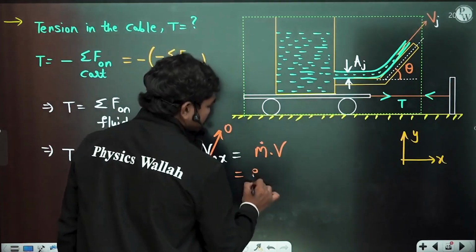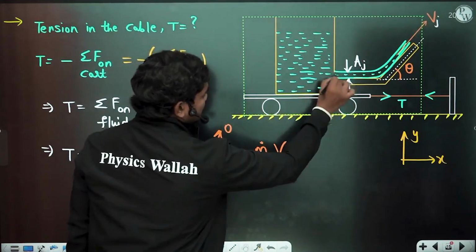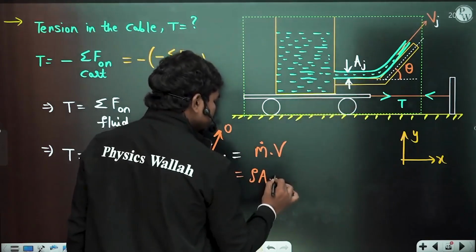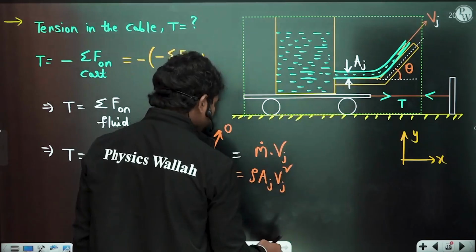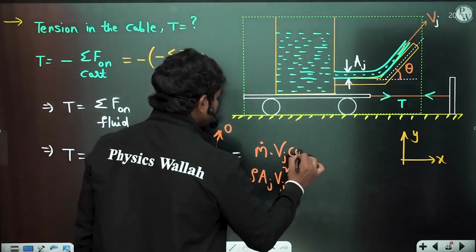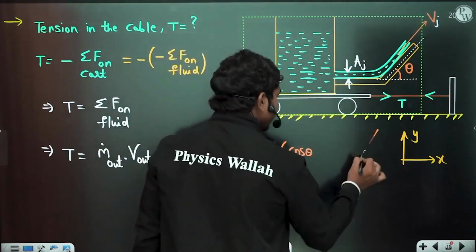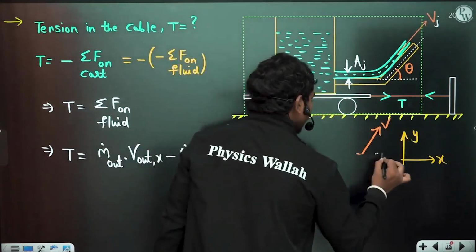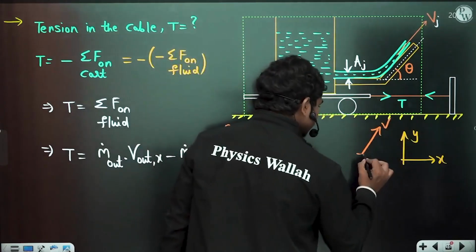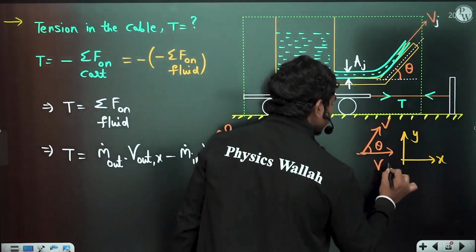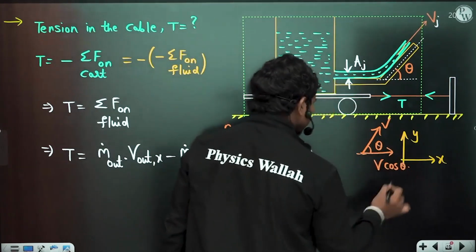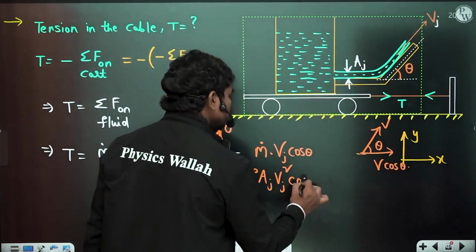So m dot is rho times A jet times V jet velocity, so AJ into Vj square, and of course the outlet velocity is Vj cos theta, because this is at some angle theta, then this is V cos theta. So obviously this is Vj square cos theta.